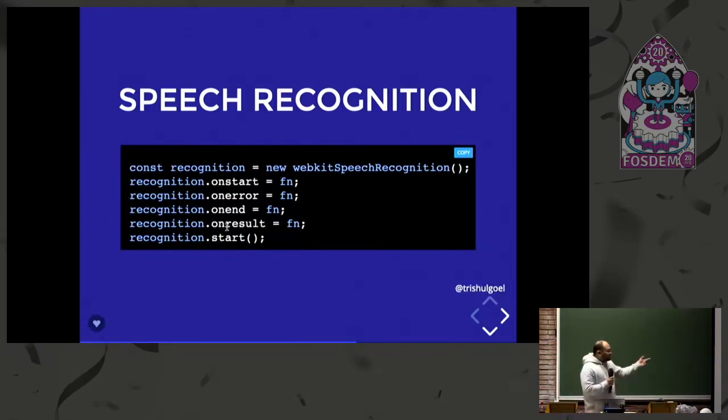This function gets a parameter called result, which has isFinal. Without isFinal, it still tries to make sense out of it, so it shows interim results, and then when isFinal is true, it shows the final result.